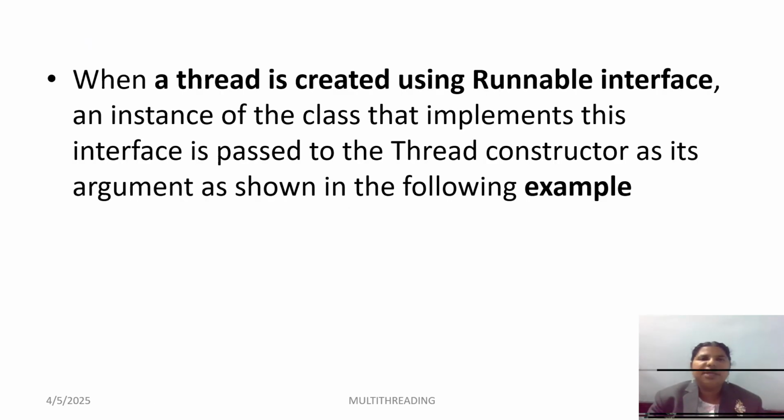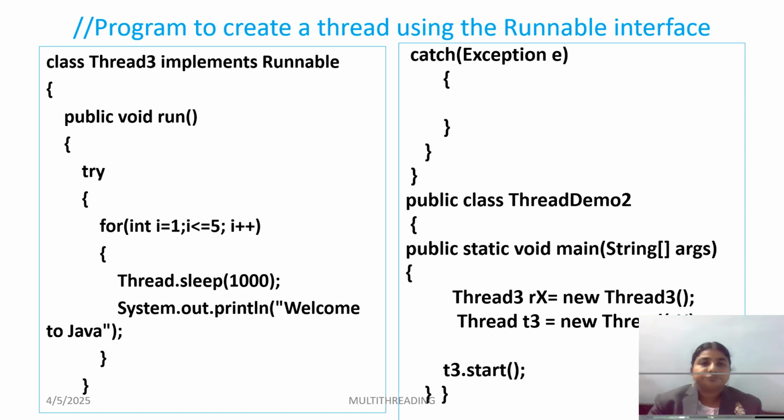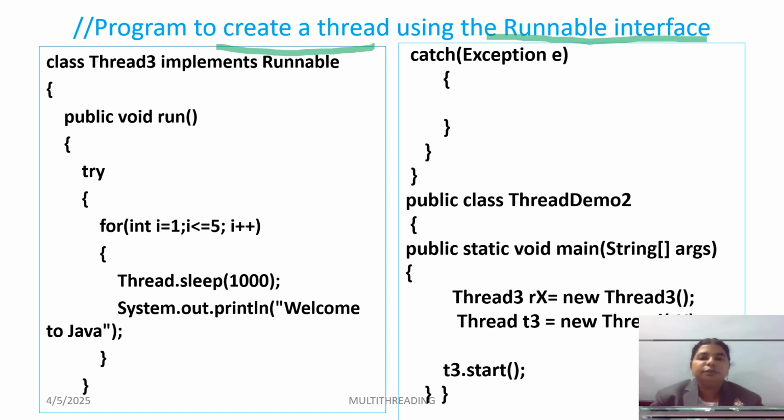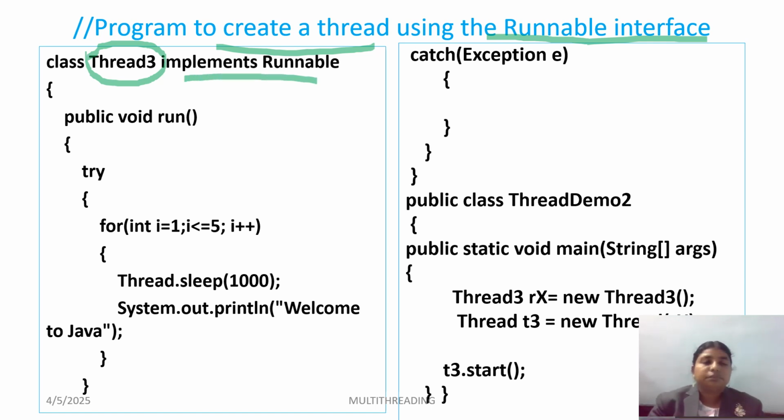When a thread is created using a runnable interface, an instance of the class that implements this interface is passed to the thread constructor as its argument, as shown in the following example. So this is another program to create a thread, but this time using runnable interface. So the class thread3 is now a thread because it implements the runnable interface.